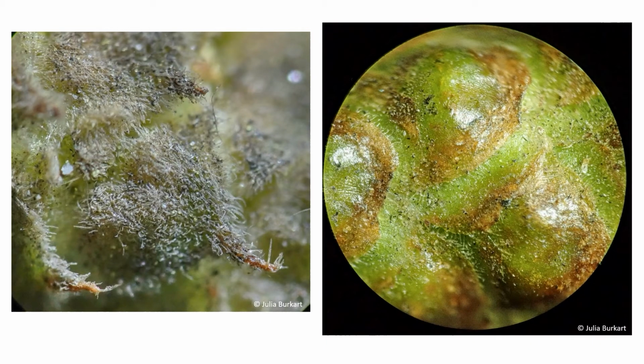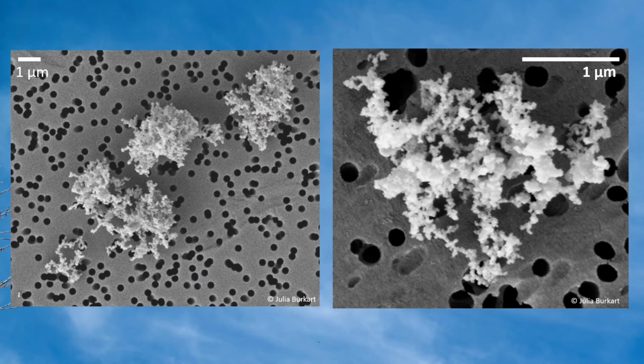In fact, we immediately noticed that catkins that were exposed to traffic were even visibly polluted on their outer surfaces. And if we take a closer look at the surface, we can clearly see that pollution gathers on the surface of the catkins, as you can see here in the next picture.